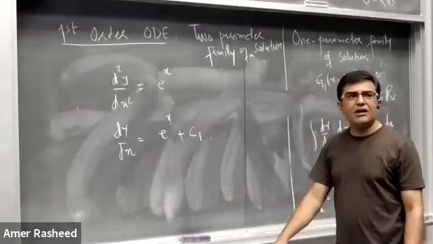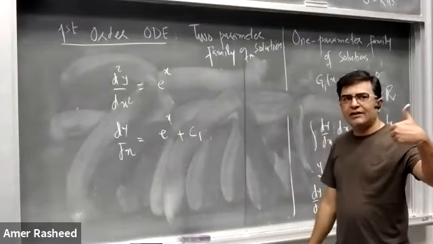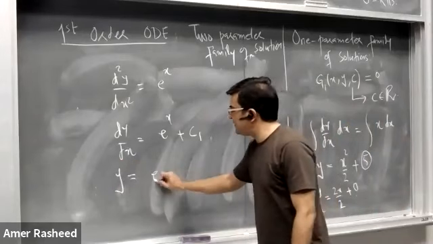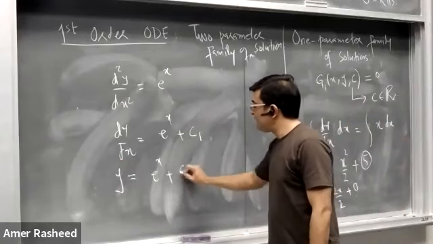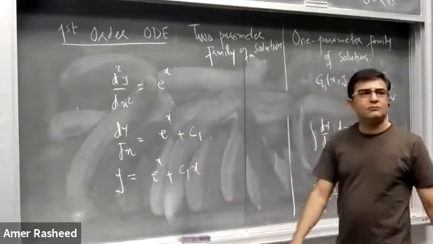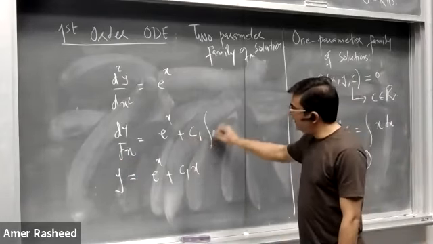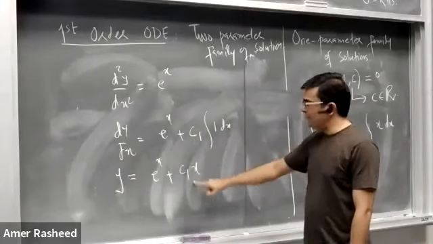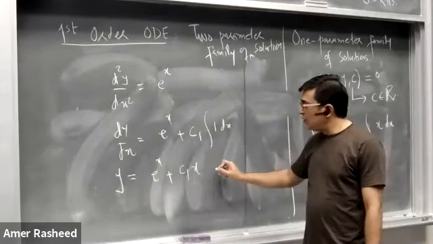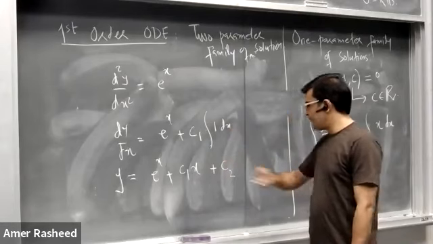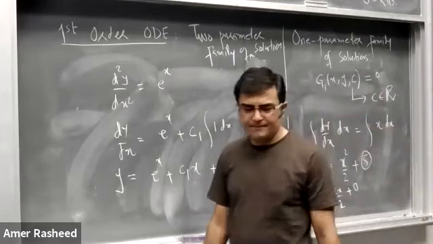This is your first constant after applying integration one time. Now you apply the second time, you get y is equal to e raised power x plus c1x, because c1 is a constant, the integral of 1 here will give you x. Now you have to add another constant here, which is the constant of integration.